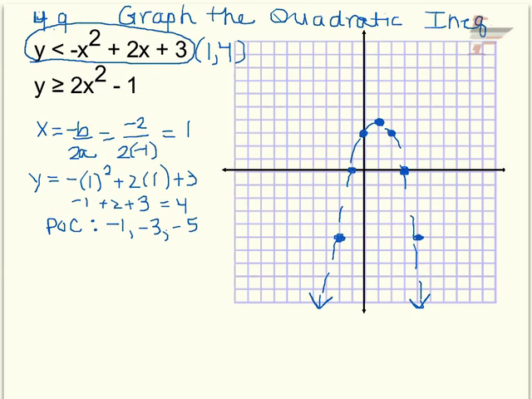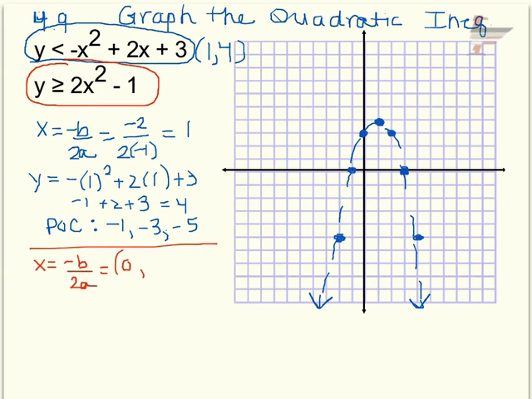The second quadratic I'll do in red, and that one's also in standard form, but nice and easy because there is no b, so the opposite of b divided by 2a is just going to be 0, and if I plug 0 in for the x's, I'm going to get negative 1.